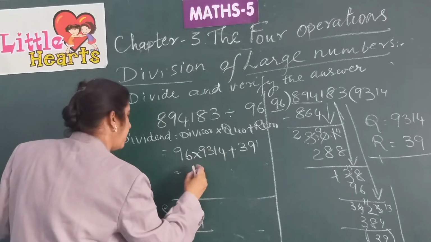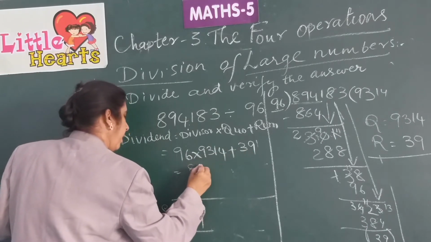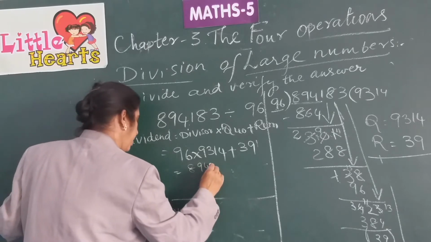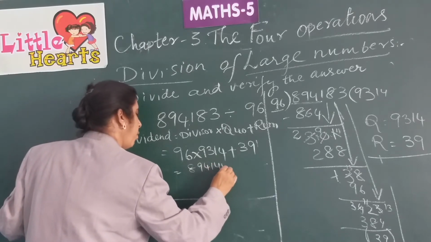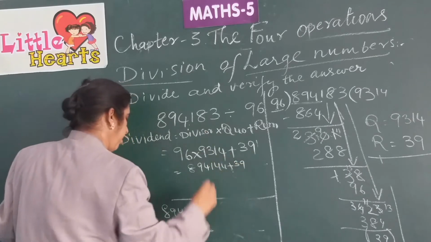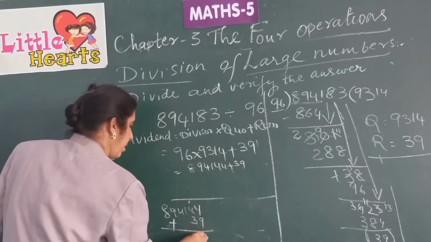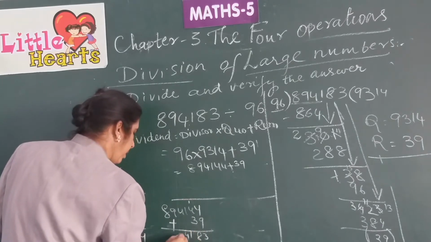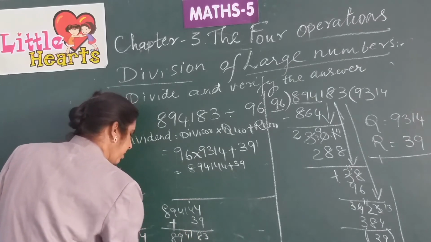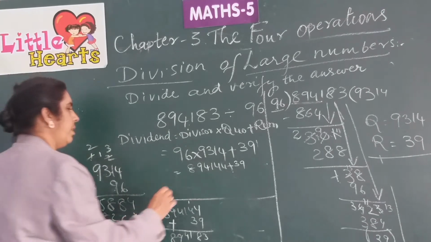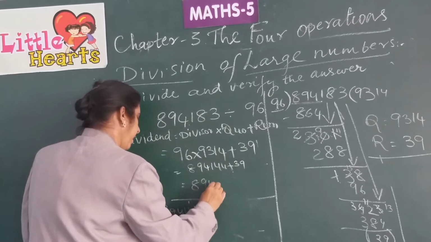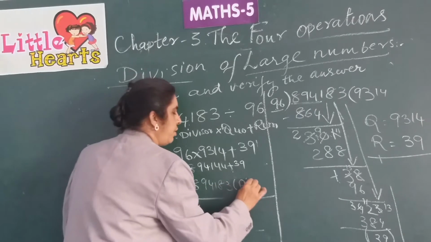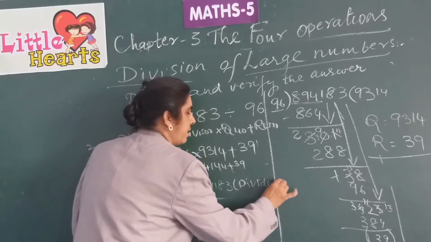This answer is 8,94,144 plus 39, which gives 8,94,183... So we got the dividend here. So our division is correct.